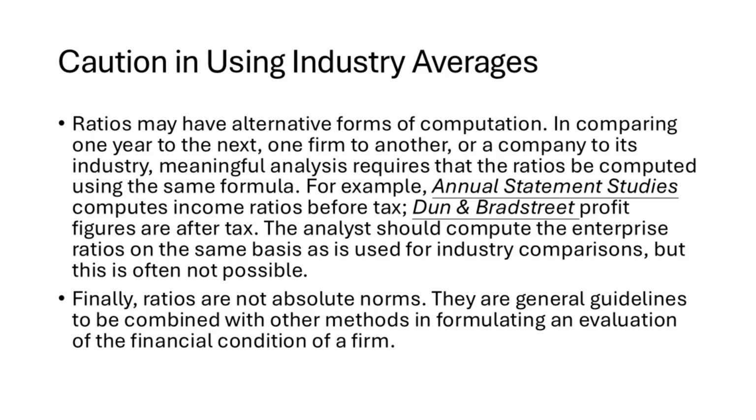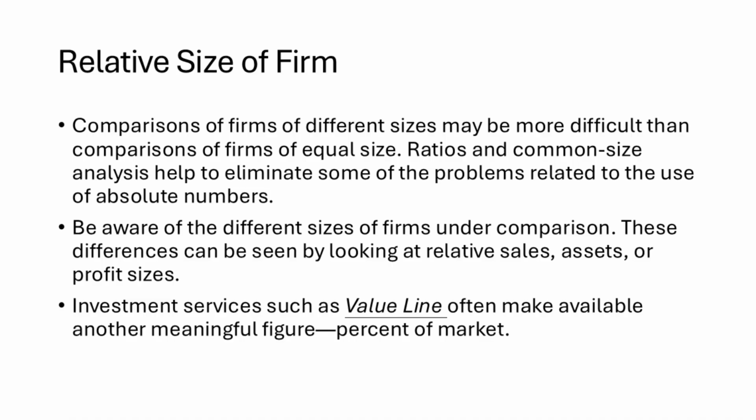They are general guidelines to be combined with other methods in formulating an evaluation of the financial condition of a firm. Despite the problems with using ratios, they can be very informative if reasonably used. Comparisons of firms of different sizes may be more difficult than comparisons of firms of equal size.